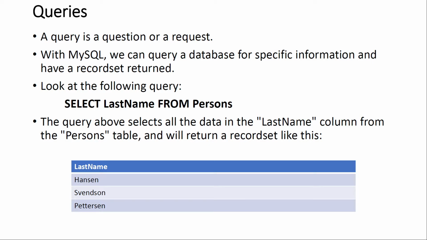Another term that you may want to be familiar with in databases is what we call a query. If I ask you for something, I'm requesting, or maybe say I'm asking you a question and you have to give me an answer, you have to give me feedback. So a query in our database interaction is like a question being asked. And this question, or request, needs feedback or an answer. So when you go and start working with MySQL, you're going to ask your database for specific information.